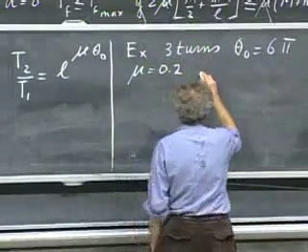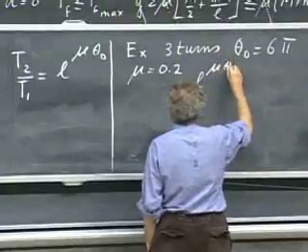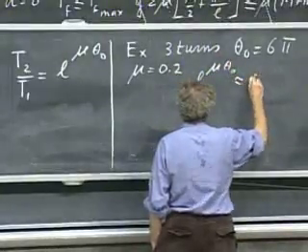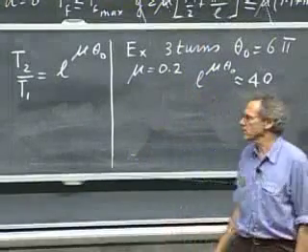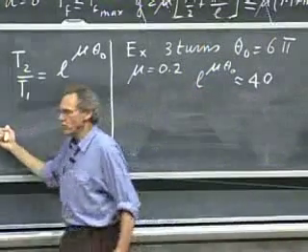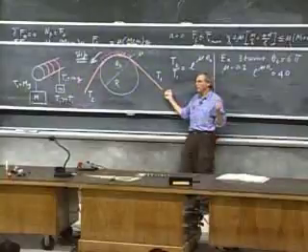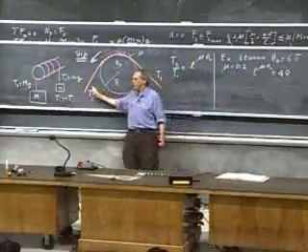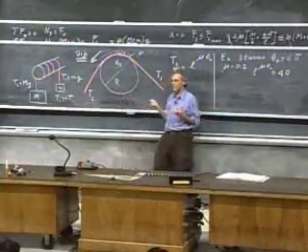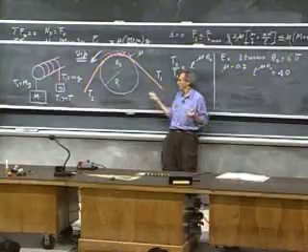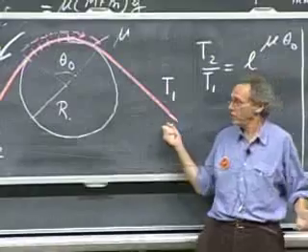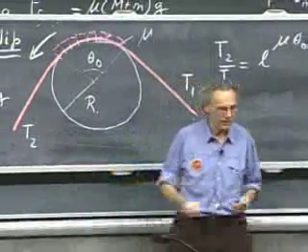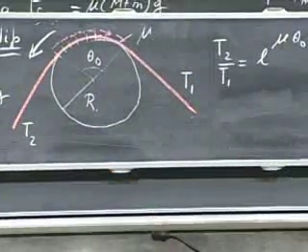So e to the power mu times theta 0 is now about 40. So what that means is that with a force on this side which is 40 times smaller than a force on that side, I have a balanced situation. I can hold this in my hand and counter, if you want to think of it that way, a force on this side which is 40 times larger.